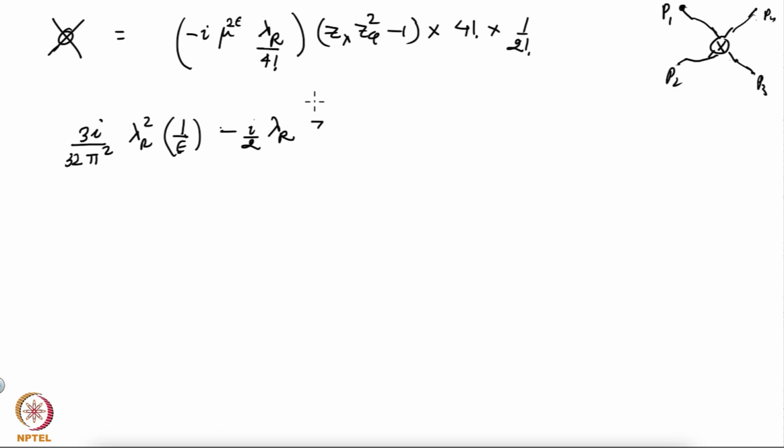So z phi I am going to put 1, and here you have z lambda minus 1. Okay, and that should be finite. Or because I am working in minimal subtraction scheme, I choose that finite part to be 0. Okay, that's in MS scheme.